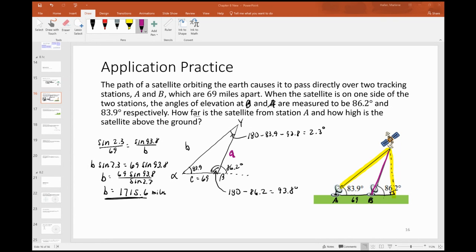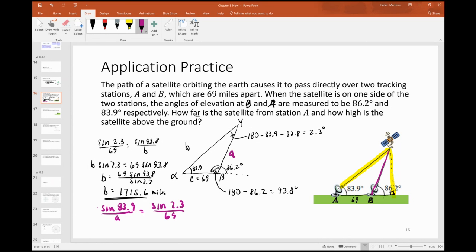So I can use the law of sines again to find A. The sine of alpha, which is 83.9, over A is going to be equal to, we'll use the ratio with C and gamma again, the sine of 2.3 over 69.